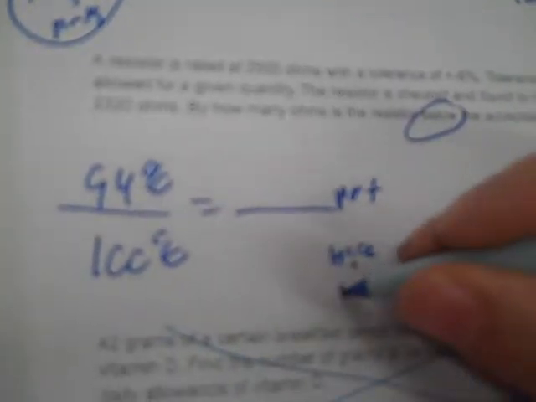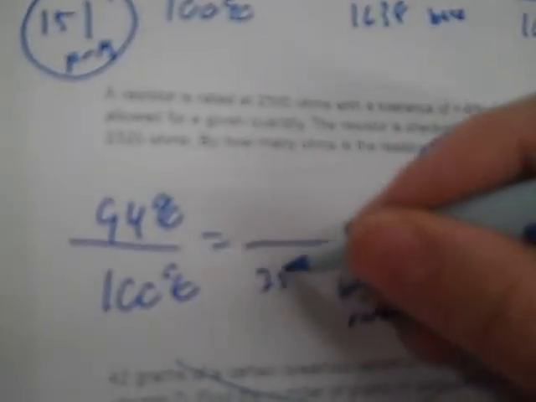Okay, now you got your base, you got your part. Now with tolerance, the base is what it's supposed to be rated at. Okay, it's rated at 2,500. So it's 6% below, which is 94%. Let's figure out what that's supposed to be. So 2,350.